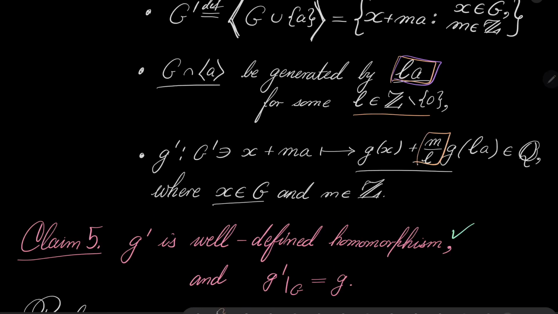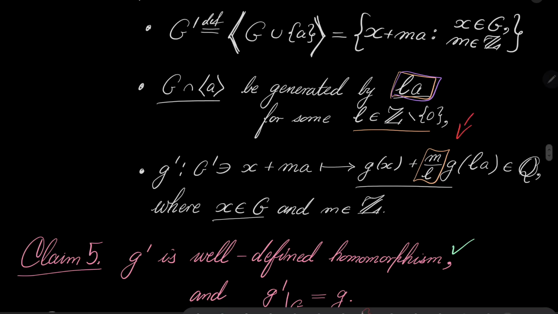Because since we have addition, here we have just a normal fraction, m over L. If we multiply any rational number by m over L, we again get a rational number. If our operation were multiplication instead, in this place, instead of m over L times g of a, we would have g of a to the power of L, to the power m over L. And now problems appear, because a rational number raised to a rational exponent need not be rational.